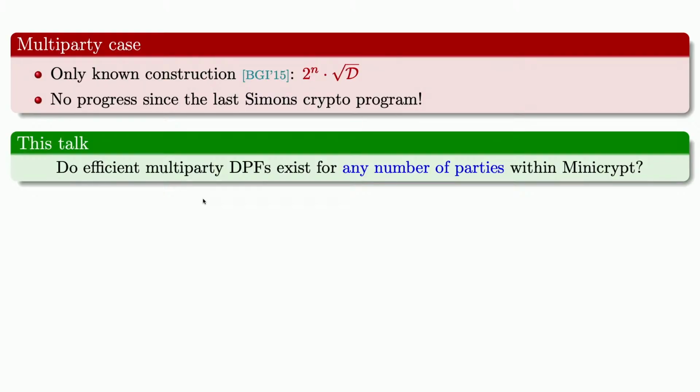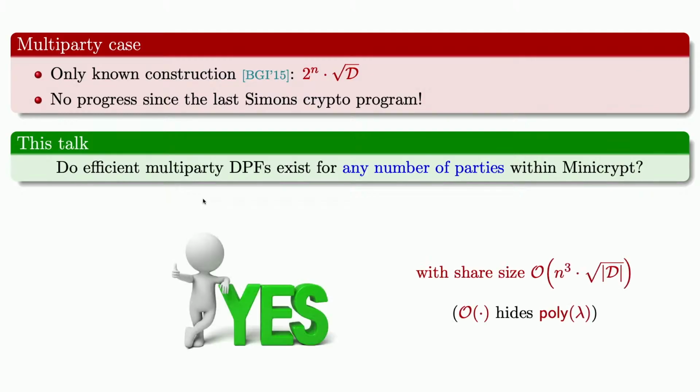Can we make it polynomial in the number of parties, so we can have an efficient multi-party DPF for any number of parties inside minicrypt? And as always, if we pose a question, the answer is yes. In this case, we construct such a multi-party DPF with the share size being n cubed times the square root of the domain size, where throughout this talk, whenever I use asymptotic notation, it hides poly-lambda factors.